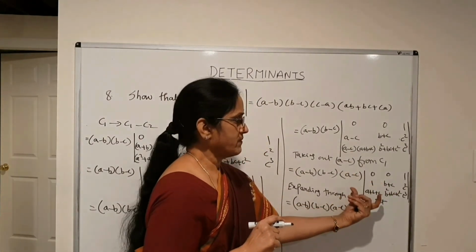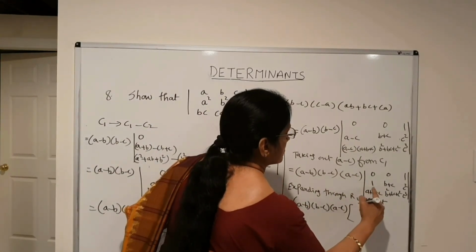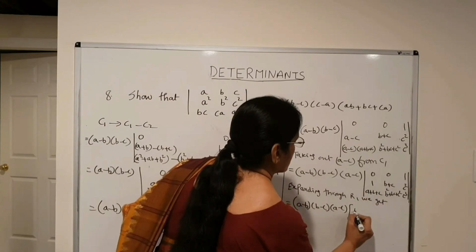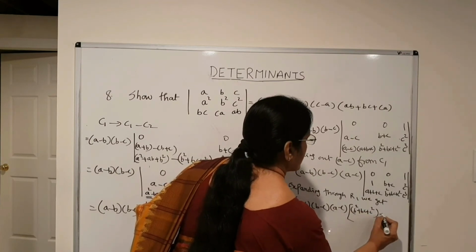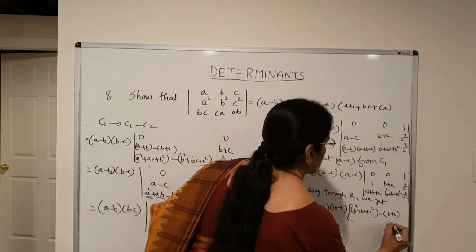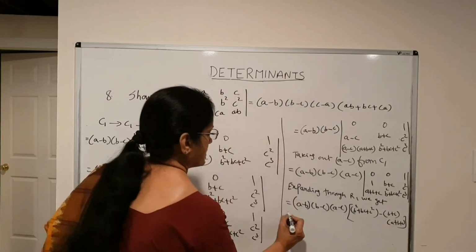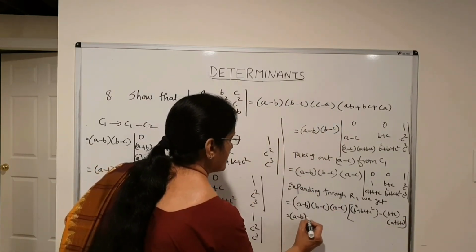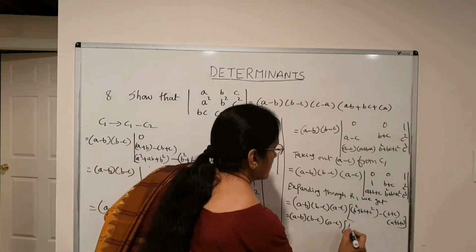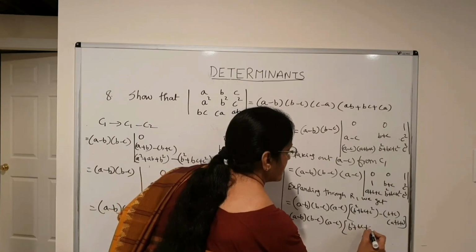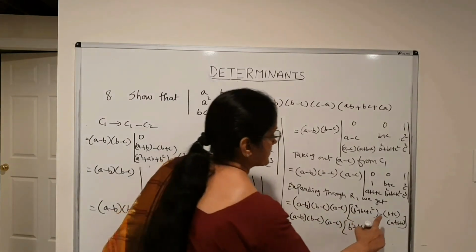That is how normally we evaluate the determinant here. So this will be 1 into, I will have b square plus bc plus c square minus b plus c into a plus b plus c. Now this is a minus b into b minus c into a minus c into b square plus bc plus c square. Let us multiply this term by term.